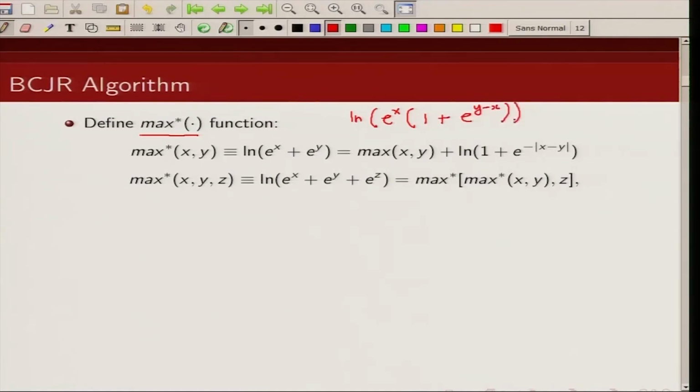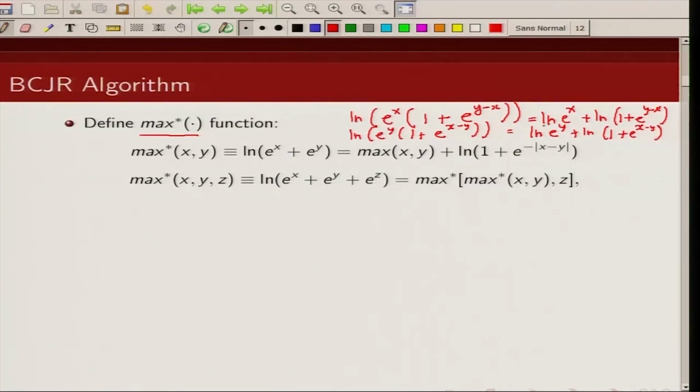We can write it this way, correct? Now, this can be written as log of e to the power x plus log of 1 plus e to the power y minus x. Or I can also write the same thing as log of e to the power y times (1 plus e to the power x minus y), which is log of e to the power y plus log of 1 plus e to the power x minus y.